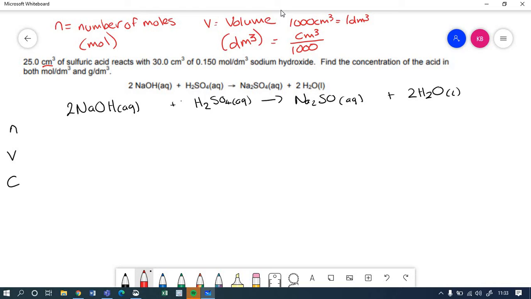The last one, C, is concentration. Now concentration is in moles per decimetre cubed. That's why this value has to be in decimetres, this value has to be in moles, because the units for concentration is moles per decimetre cubed.